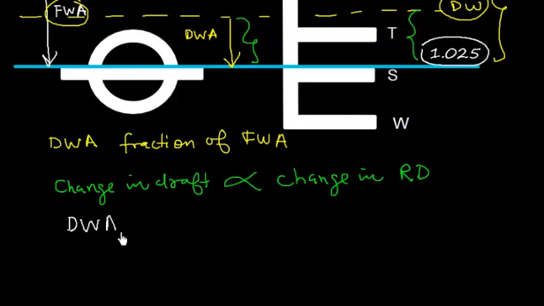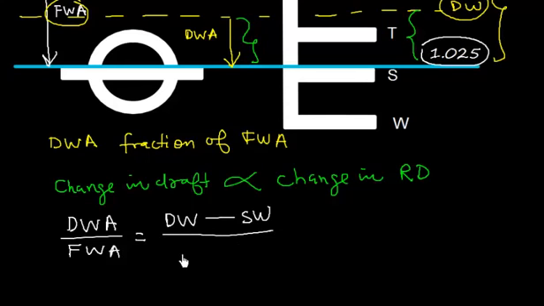So I can write like this: dock water allowance divided by freshwater allowance is the change in density from dock water to salt water divided by change in density from fresh water to salt water.